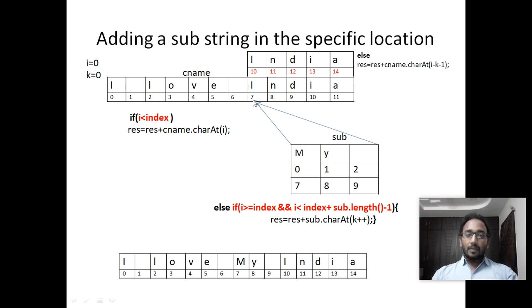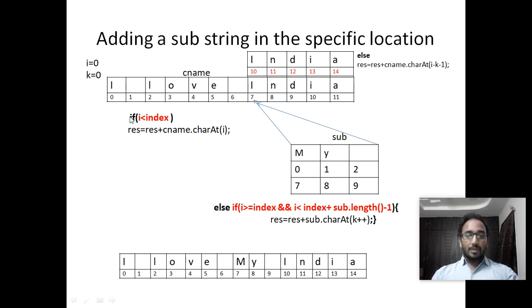So the substring I want to add is my followed by a space, at the seventh index, at 7. My actual string will be divided into two parts. In one part, the character locations are unchanged. In the other part, the character locations are going to be changed.